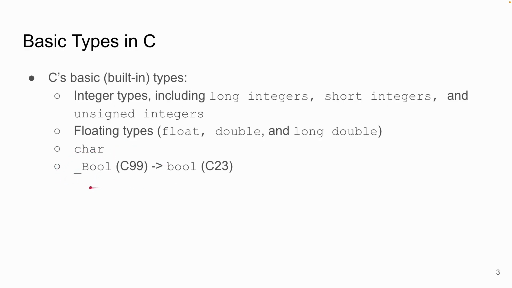You no longer need to write the underscore and Bool. You can directly write bool, all in lowercase, to use the bool type in C. So bool is also one of the built-in types in C.